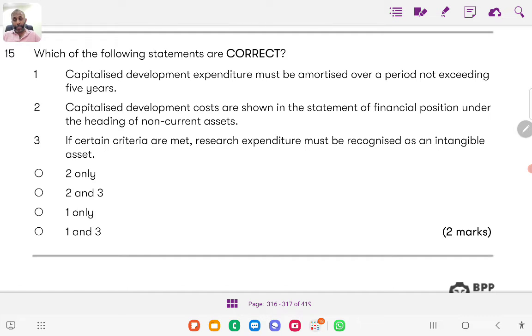Option number 3: if certain criteria are met, research expenditure must be recognized. No, this is incorrect. All research expenditure must be written off. There is no such requirement that if certain criteria are met; that is for development expenditure. So answer number 3 is also wrong. So only answer 2 is correct.